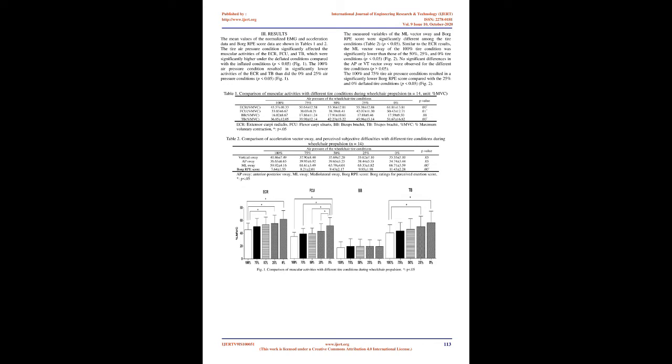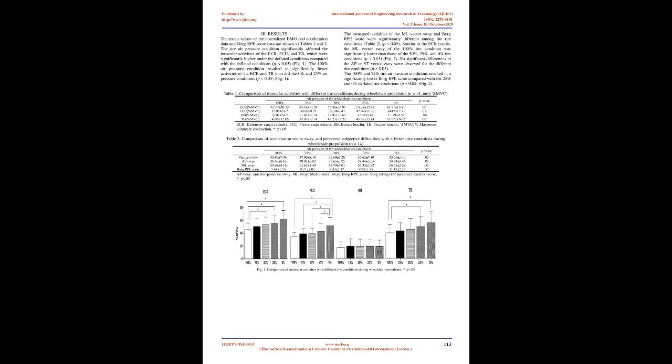The Borg Perceived Exertion Rating, Borg RPE score 6-20, was recorded after performing each exercise to identify the subjective difficulties of each exercise. Borg, 1970, designed the RPE scale, which is one of the best indicators of the degree of physical strain.